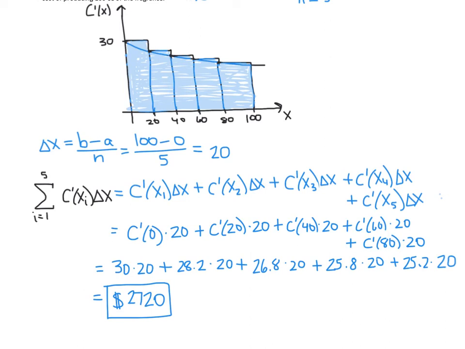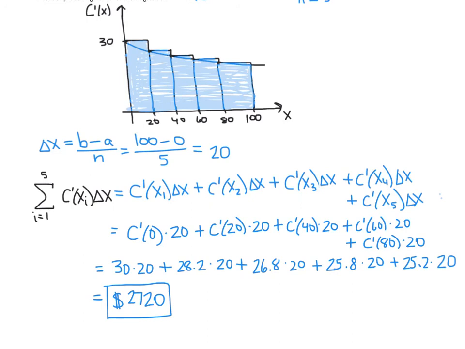Now, in general, anytime we're calculating this Riemann summation to approximate the area under a curve, we need to realize that the more rectangles that we use, the more subintervals we use, the more accurate the approximation is going to be, because we're going to get a better fit under that curve. And so as the number of rectangles increases, the width of each rectangle, which we call delta x, is going to decrease.